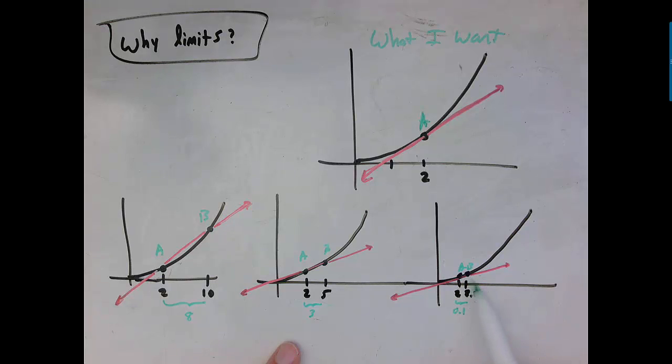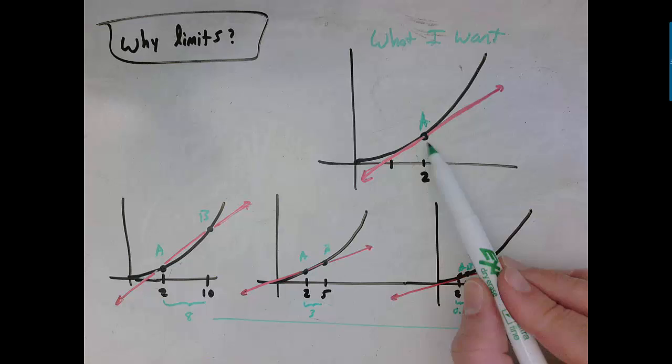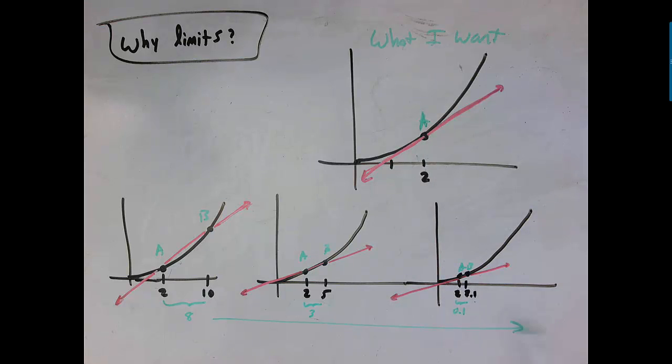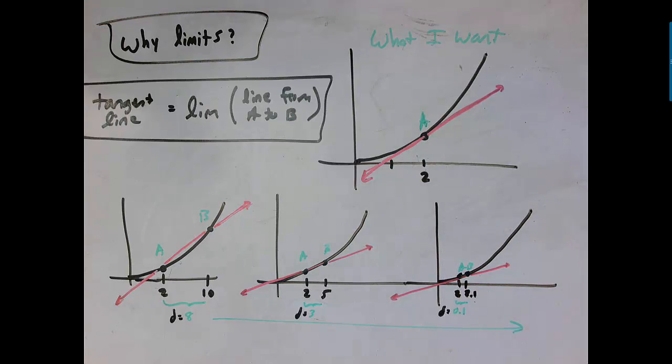If I keep moving it, now it's at 2 and 2.1, so that's only a distance of 0.1 away from A. And so these points are almost on top of each other, and the line connecting the two is very, very close to the tangent line at A. If I wanted to get even closer, I could continue this process and make them even closer.